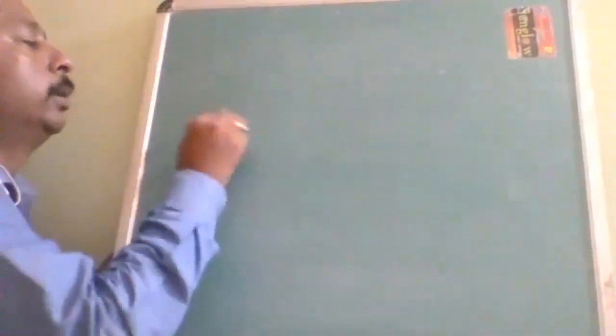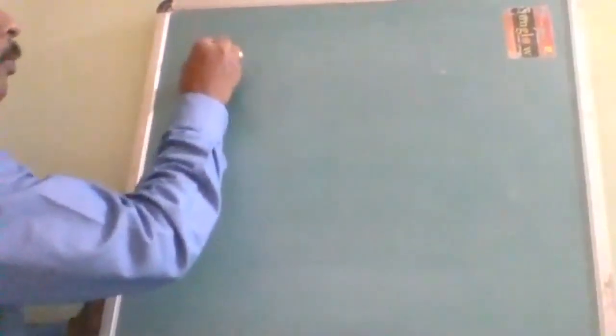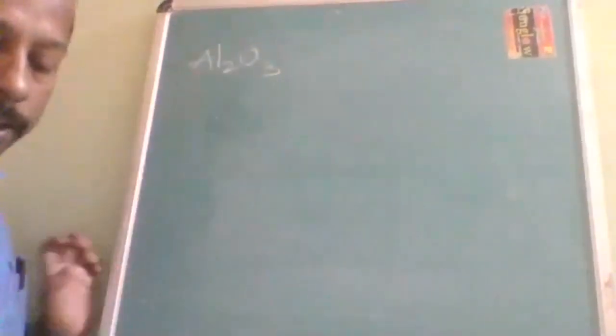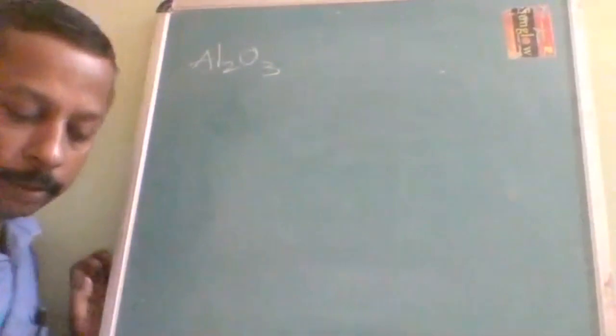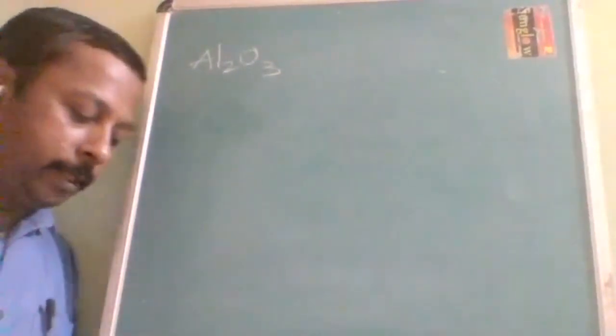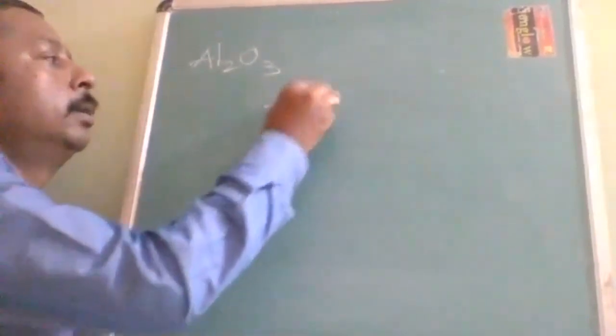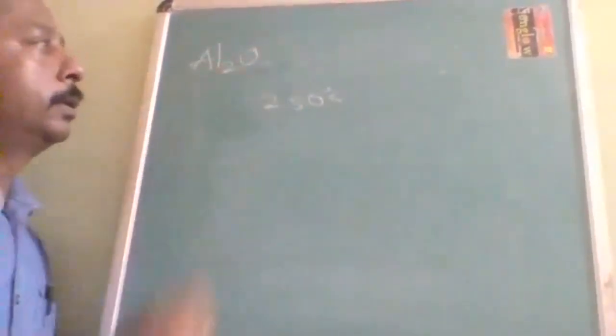Next, coming to Al2O3. As I told you just now, the same role as sulfuric acid is played by Al2O3, but the temperature will be different, 250 degrees Celsius. Otherwise, I will clearly write it.